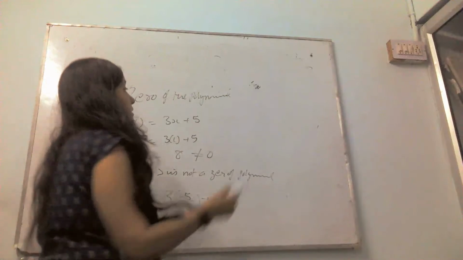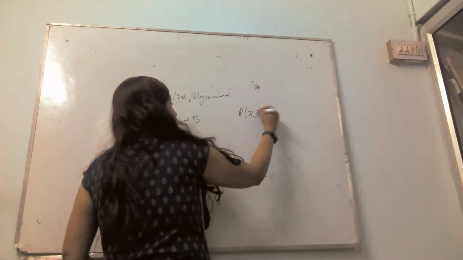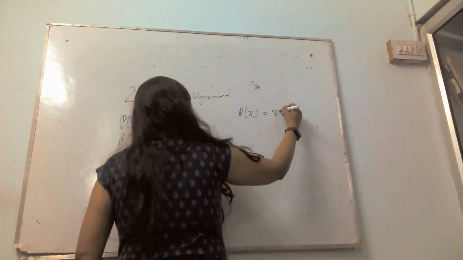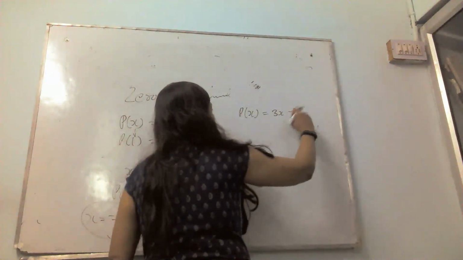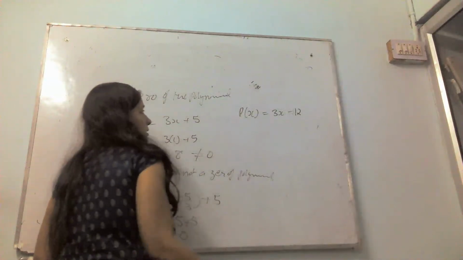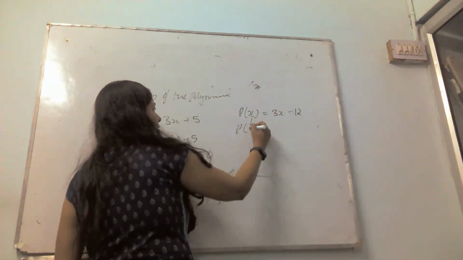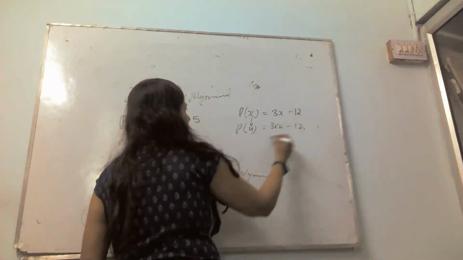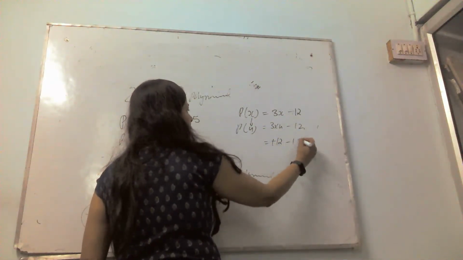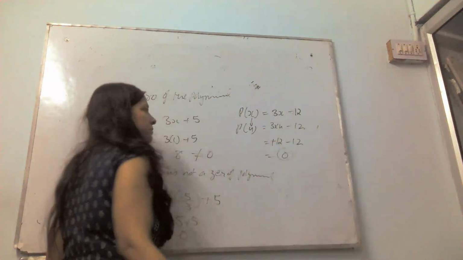For example, p(x) is 3x minus 12. If we put x equals 4, 3 into 4 is 12, minus 12, it makes it 0.